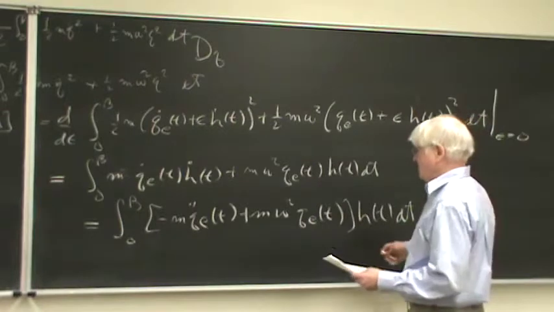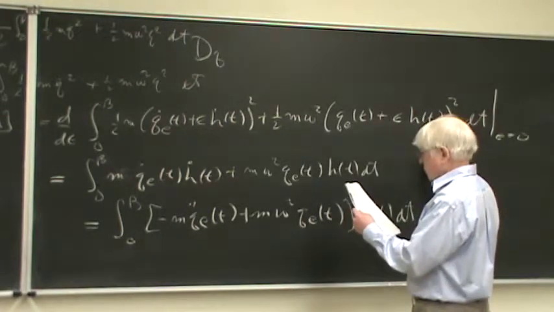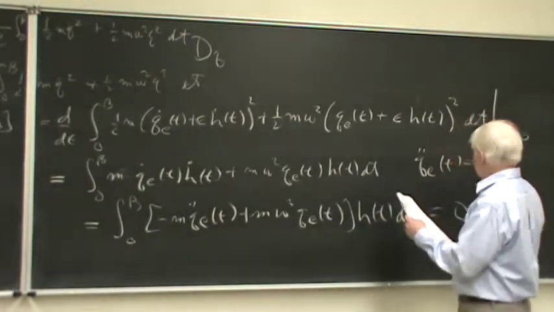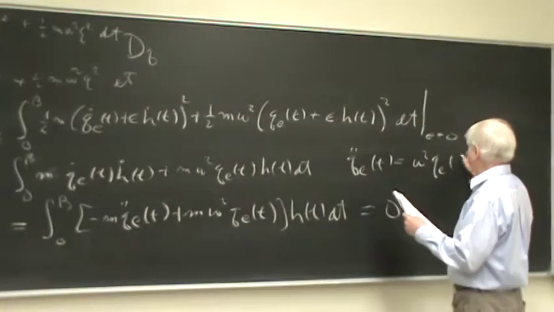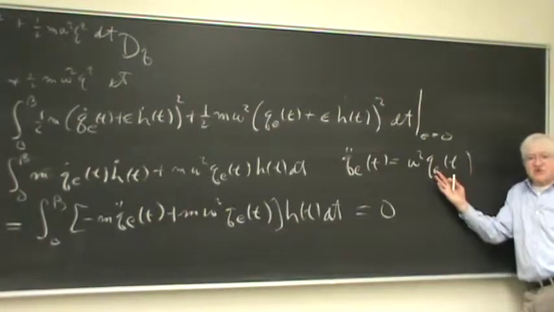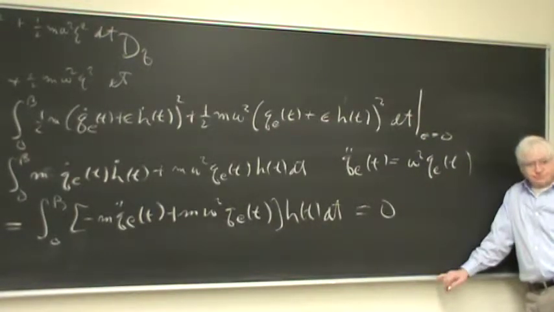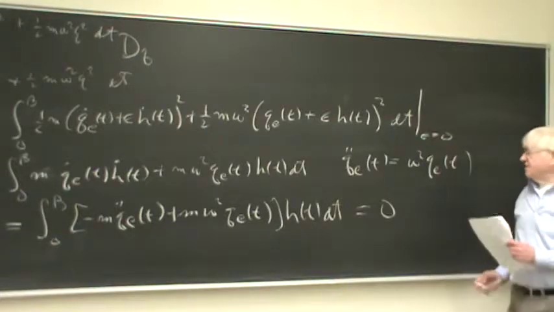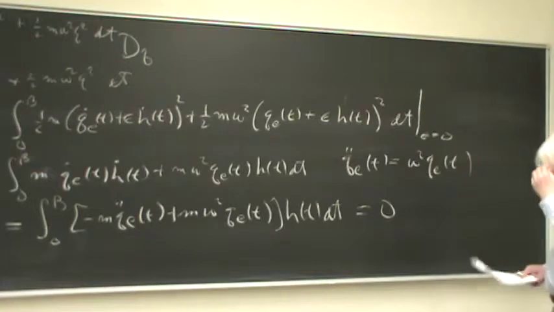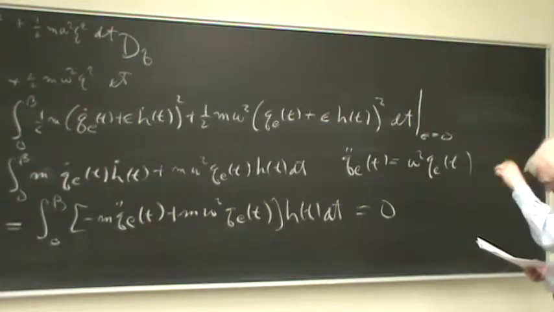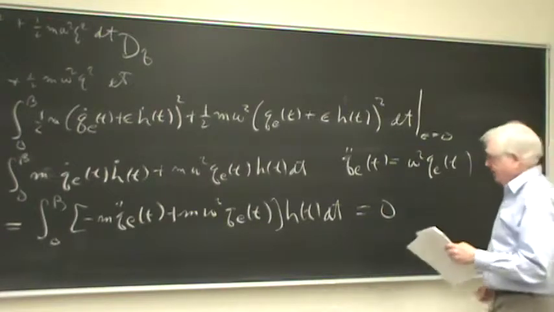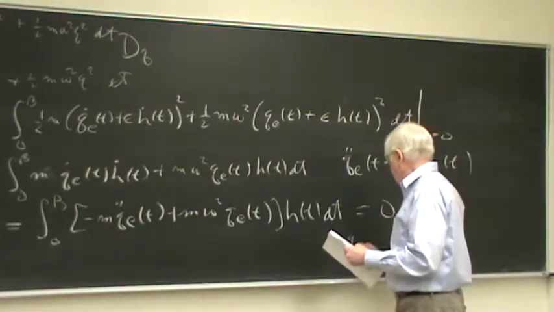And now you see that the m cancels, and what we get is that q Euclidean double dot of t is omega squared q Euclidean of t. Okay, so it looks like the harmonic oscillator, but it's got the wrong sign. It's basically imaginary time. But the solutions are very simple, obviously.